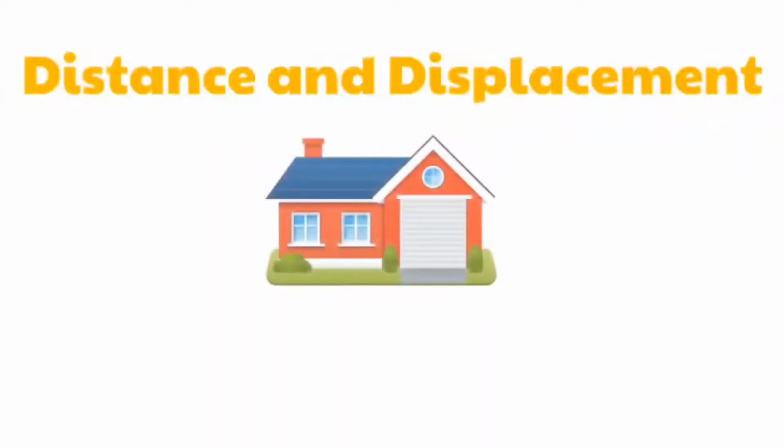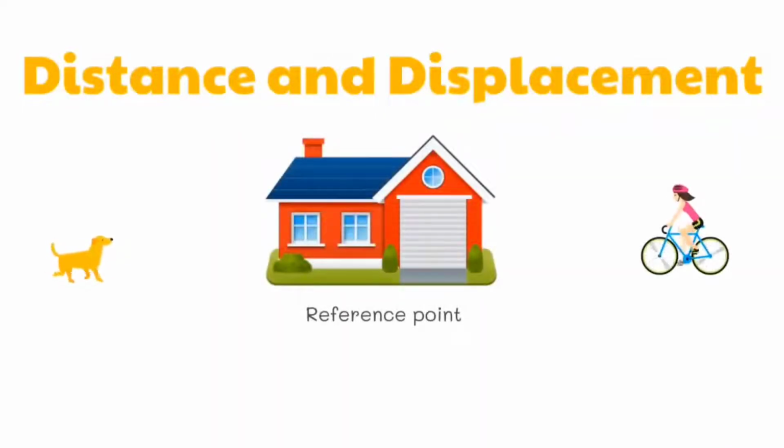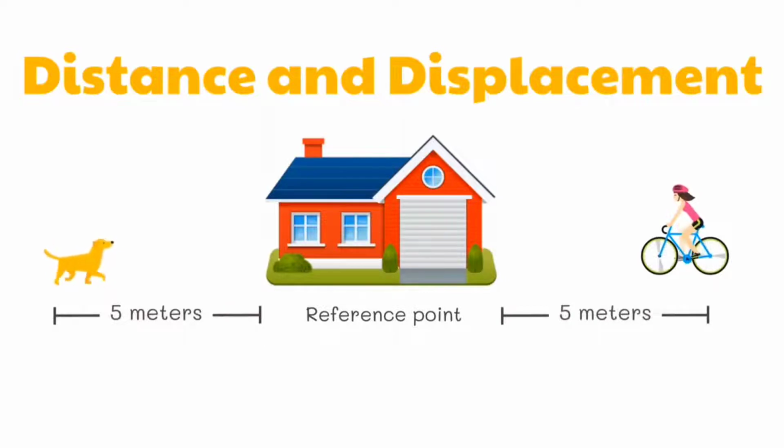Let's take a look at the illustration. The distance between the dog and the house, as well as the distance between the cyclist and the house, is both 5 meters. The displacement of the dog while moving along the straight line from its original position towards the house is 5 meters east, while the displacement of the cyclist while moving in a straight line from her original position towards the house is 5 meters west.